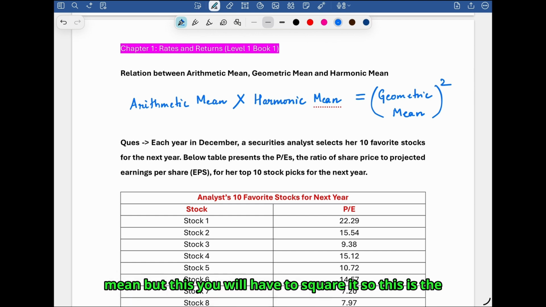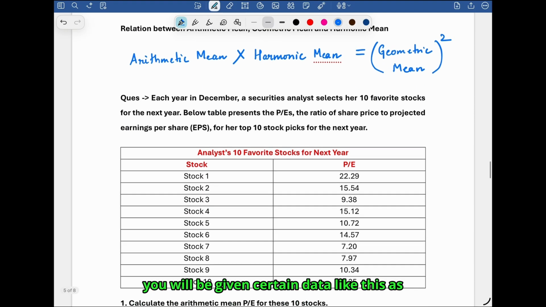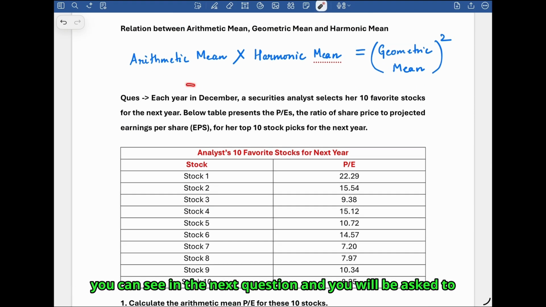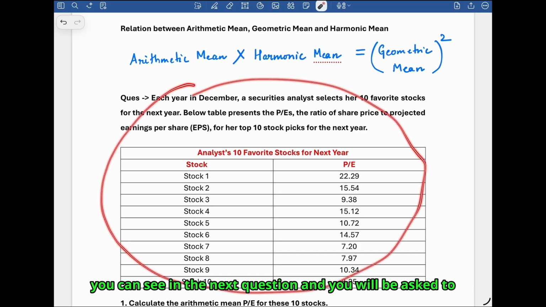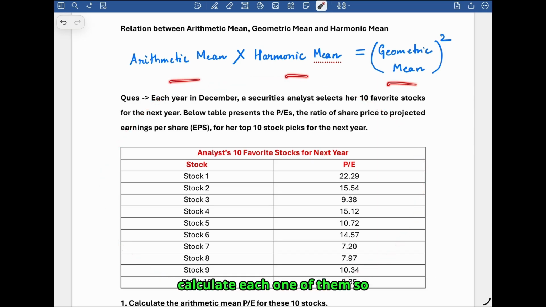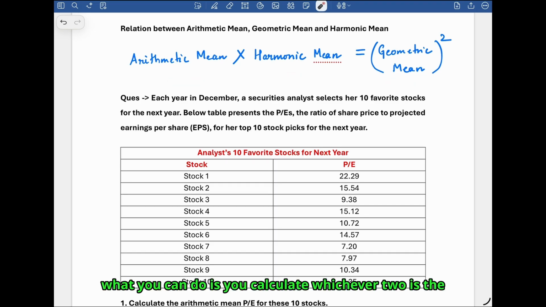This is a very important formula that you need to remember, because in the exam you will be given certain data like this, as you can see in the next question, and you'll be asked to calculate each one of them. So you calculate whichever two are the easiest.